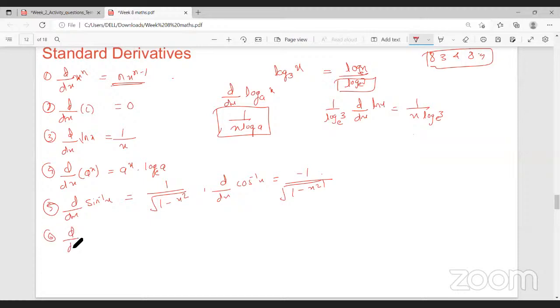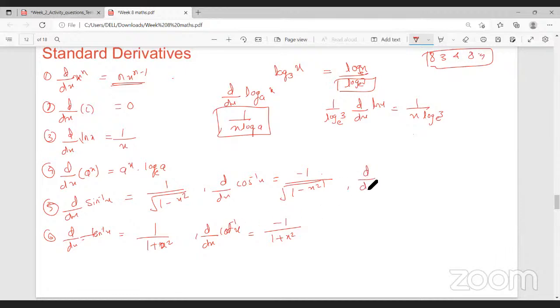Derivative of tan inverse of x? 1 upon 1 plus x square, there is no root. Derivative of cot inverse x is minus 1 upon 1 plus x square.